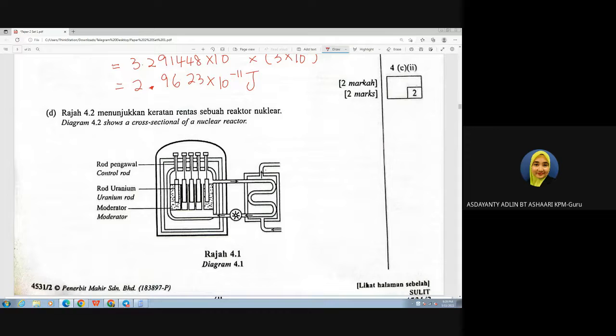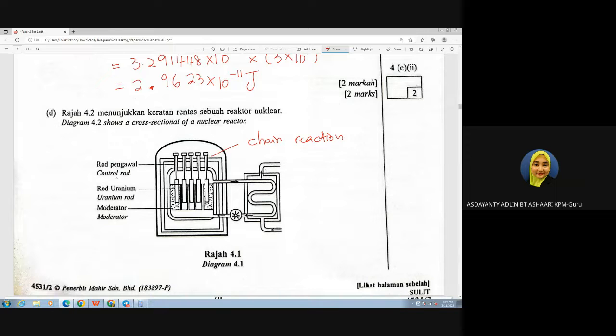So as we know, in the nuclear reactor, there will be chain reaction, where a lot of neutron will be produced, bombard with uranium, again produce the neutron. Again produce the neutron when it bombard with the uranium. So how to control that neutron? We have to use the control rod.